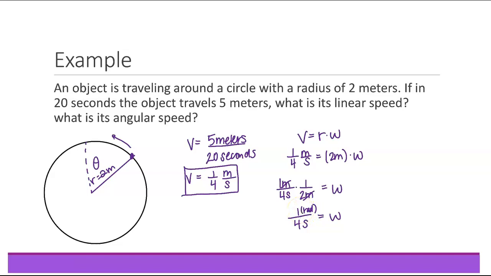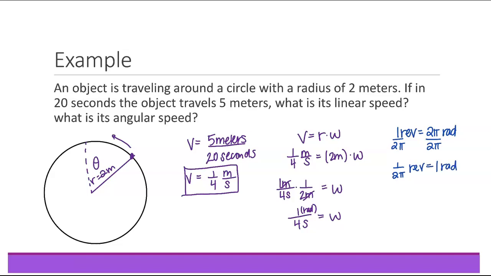So let's write what we know. We know that 1 revolution is equal to 2 pi radians. So the conversion factor here is that if I divide both sides by 2 pi, 1 over 2 pi revolutions is equal to 1 radian.